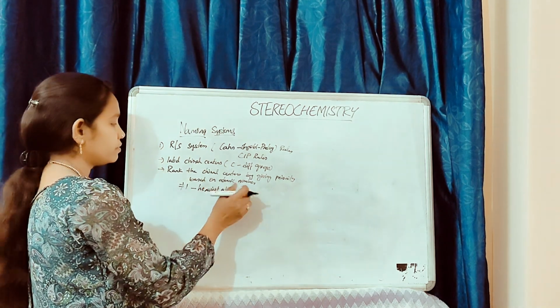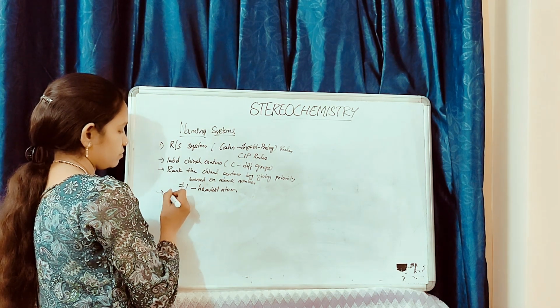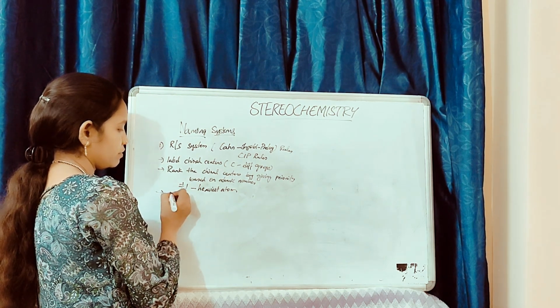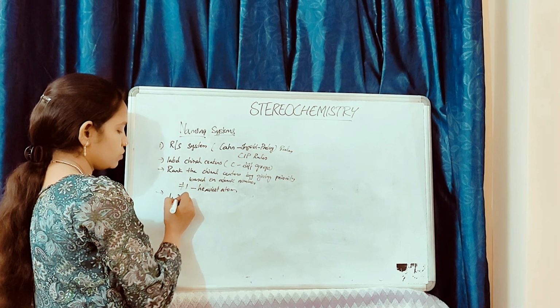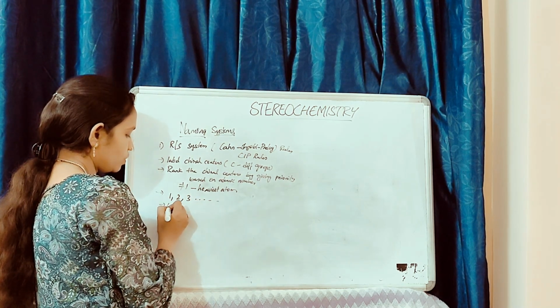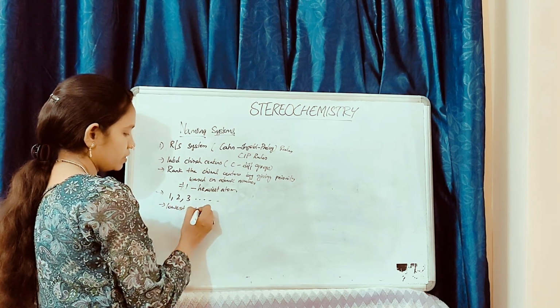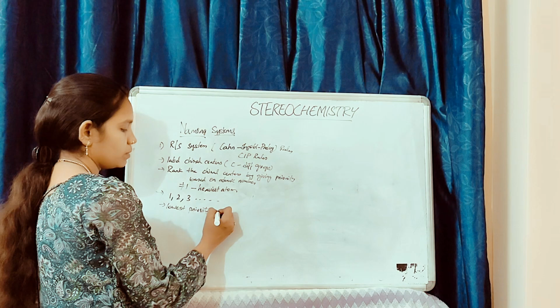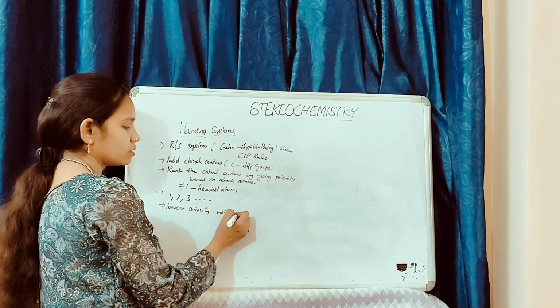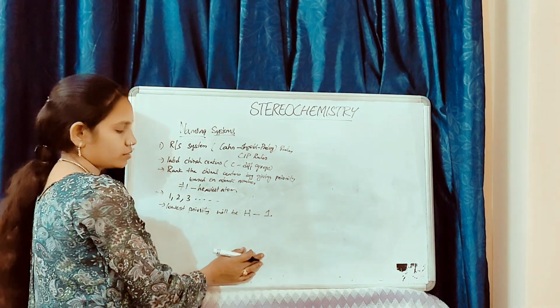Like that we have to give ranking. Third, give the ranking by 1, 2, 3, like order, right? So here the lowest priority will always be given to hydrogen only, because its atomic number is 1, right?